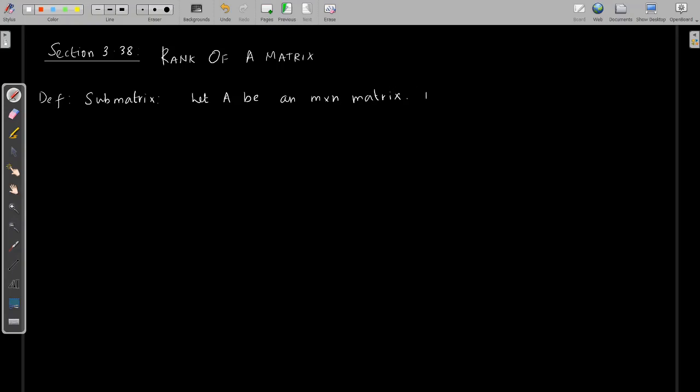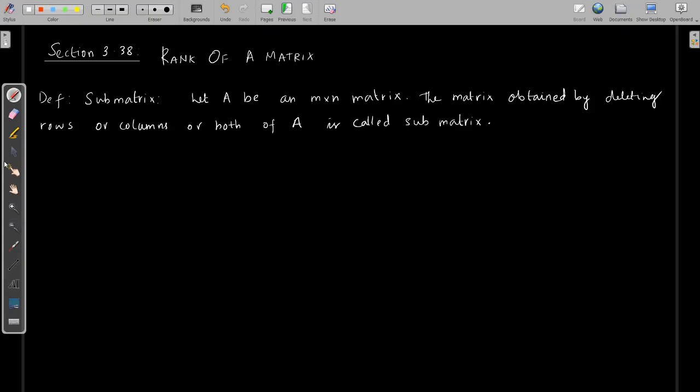A. So the matrix obtained by deleting the rows of A or the columns of A or both, we can get so many matrices in this manner. These matrices are called submatrices of A. Now we have the definition of square submatrix.